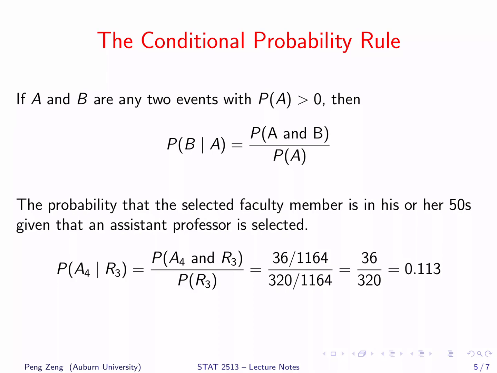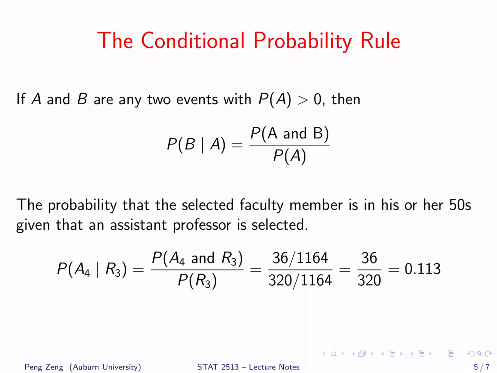Its value is 36 over 1,164. Notice that 1,164 is the total number of faculty members. The denominator is 320 over 1,164. This leads to the same answer as the previous slide.